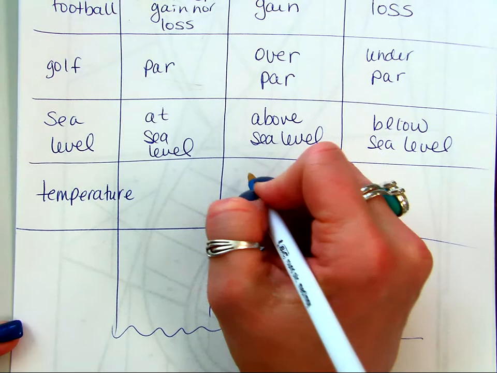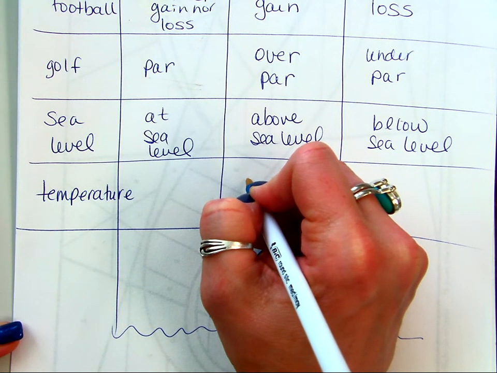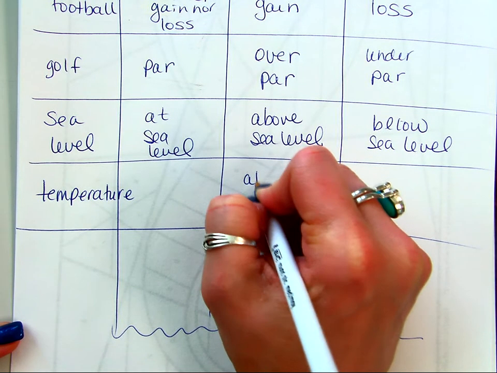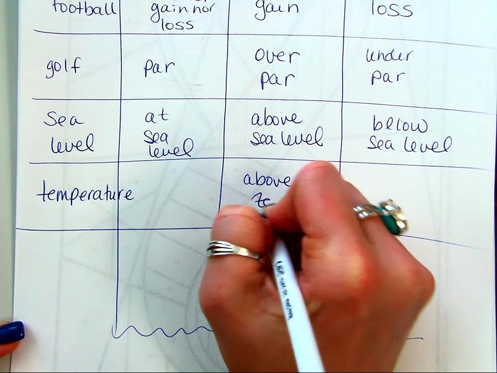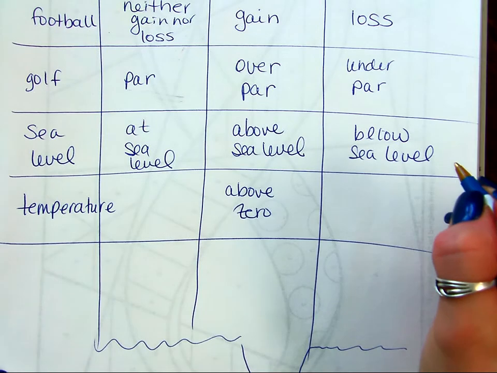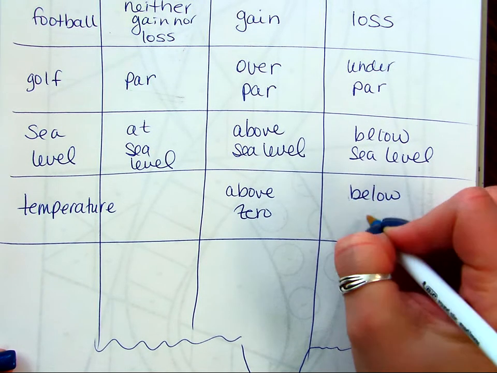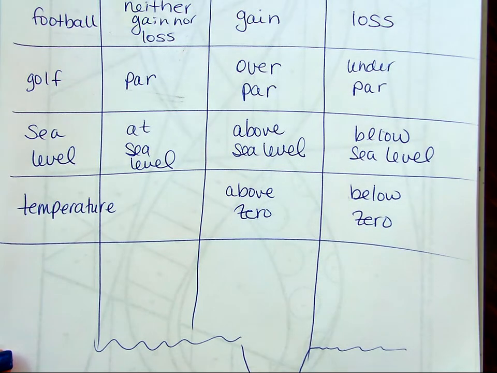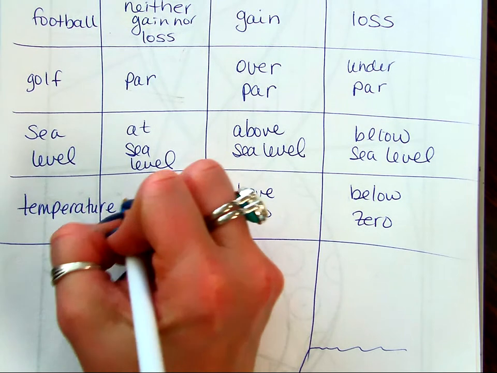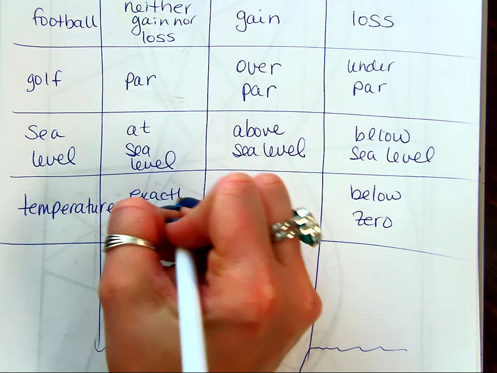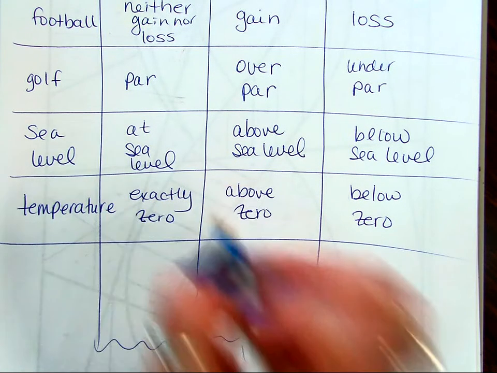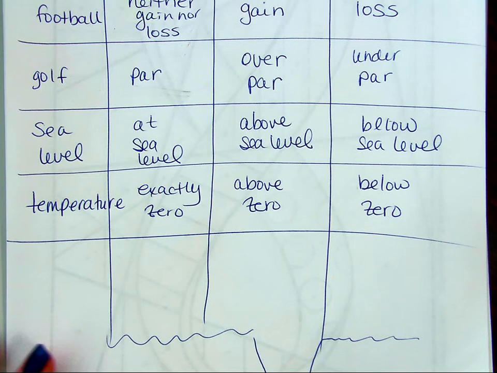So if it's a positive value, it means that your temperatures are above 0. Negative temperatures are obviously then kind of like below sea level, except just 0. And then every now and then, the off chance the temperature is exactly 0. Okay? So at, above, or below.